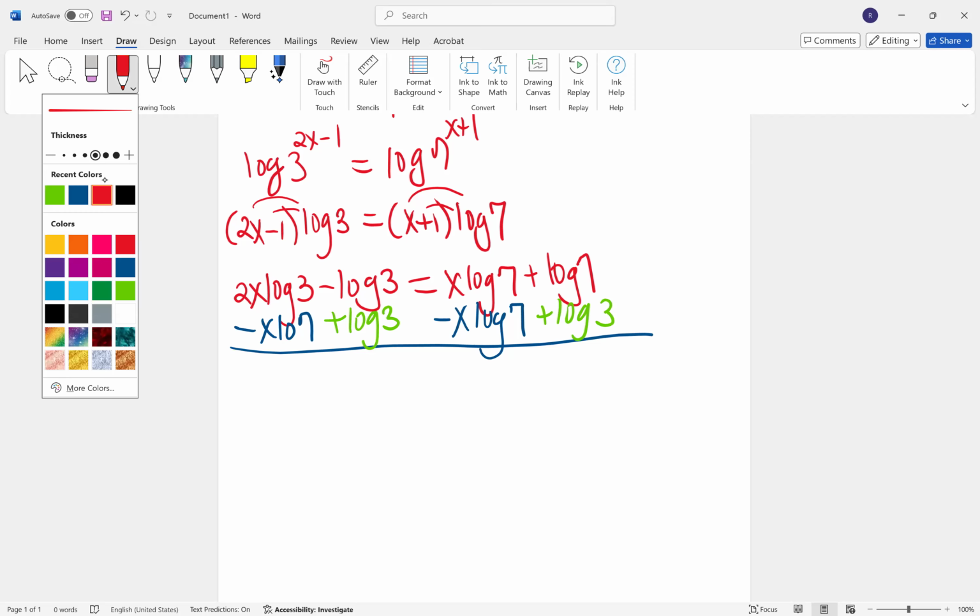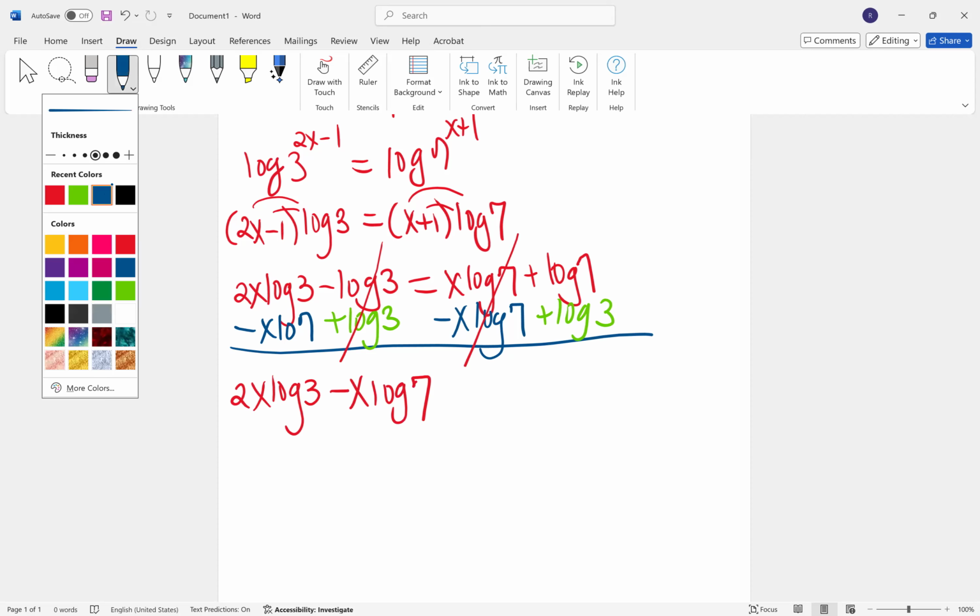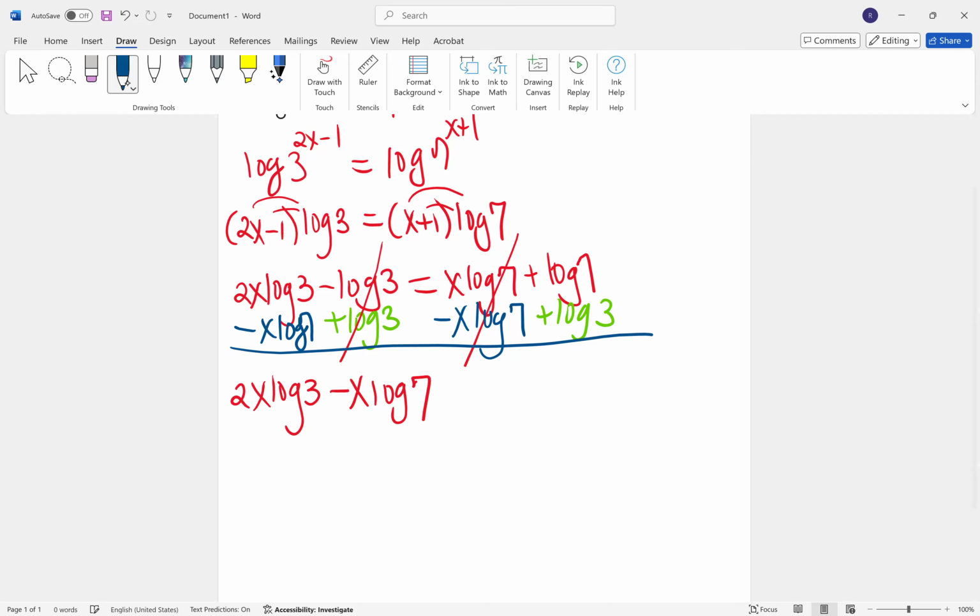So on the left, I'm going to have my x terms. So I'm going to have 2x times the log of 3 minus x times the log of 7. And I forgot my g right there.